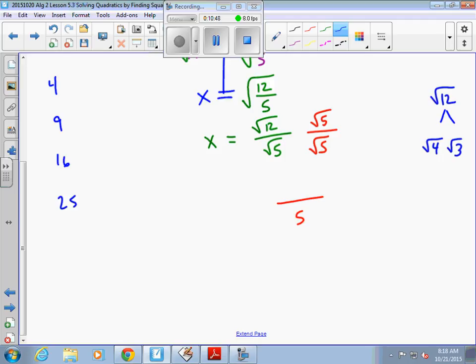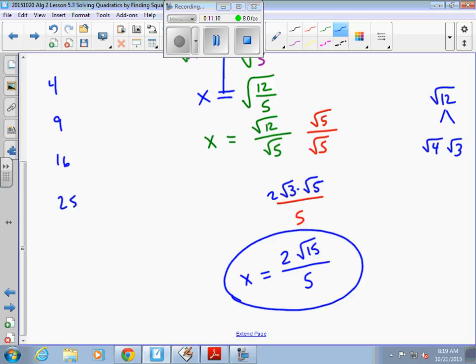So that becomes 2 times the square root of 3 times the square root of 5. And when you multiply the square root of 3 and the square root of 5 together, you get 2 times the square root of 15 over 5. So x, and this is an acceptable form, is equal to 2 square root of 15 over 5.